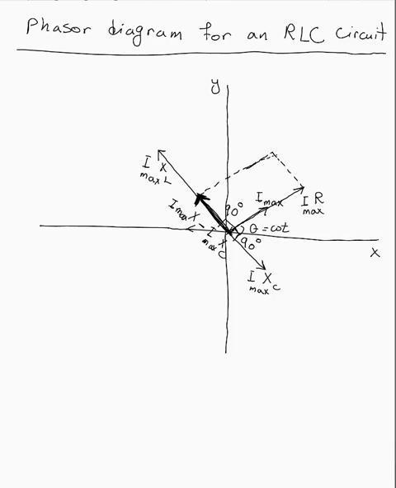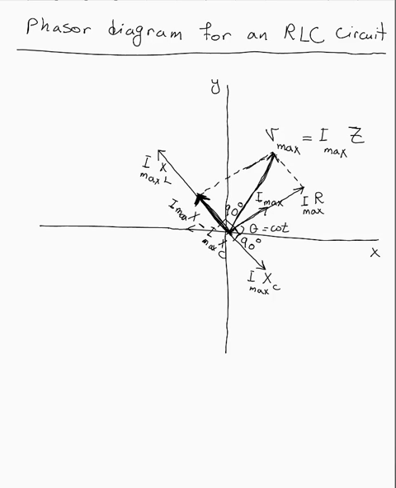It's not very straight, but I'm trying my best here. This is going to be the total maximum voltage in the circuit that has RLC, so V max equals I max Z, the impedance.